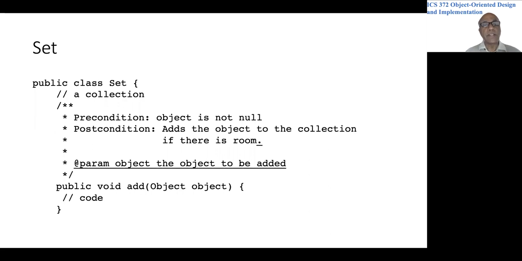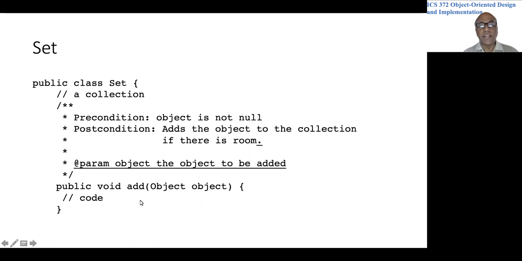Let's look at another example. Suppose we have a class called set. A set is an object that can store elements, but there is no order and there are no duplicates. So we have a method called add, into which we add an object.